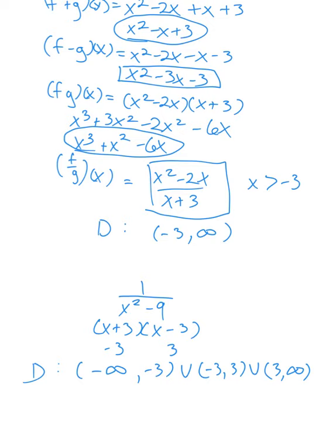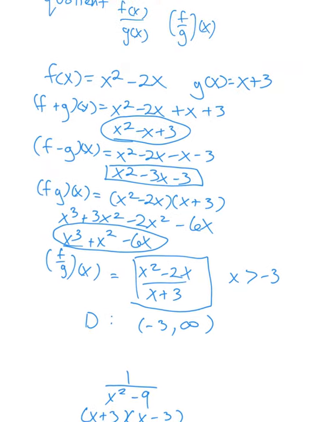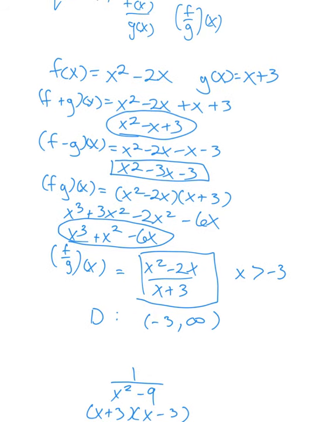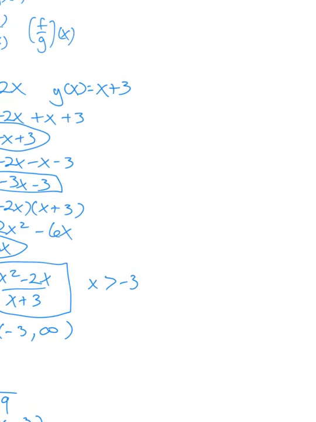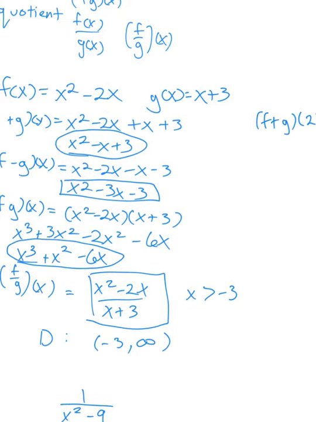Let's go back up to our equations up here. What if they wanted us to do f plus g, but instead of putting in x, they don't want an x as our answer. Let's say they want us to put in a number, let's say 2. So all we have to do is just go back to what we got as f plus g.